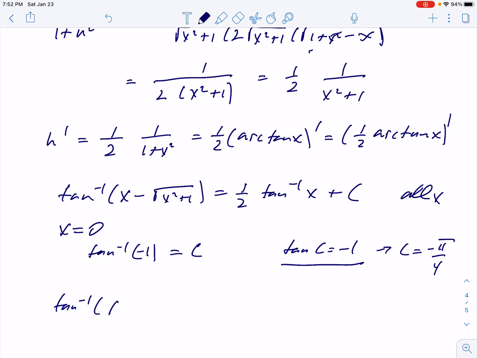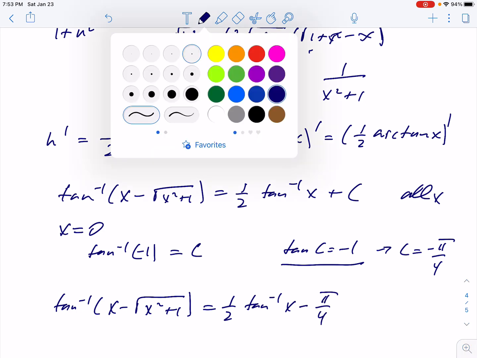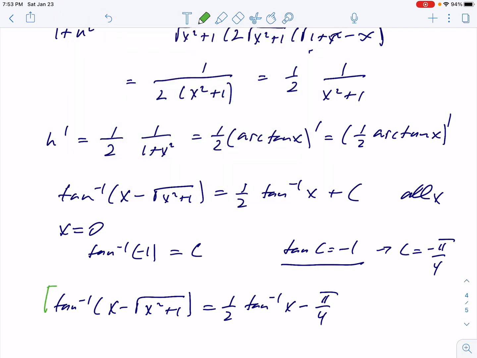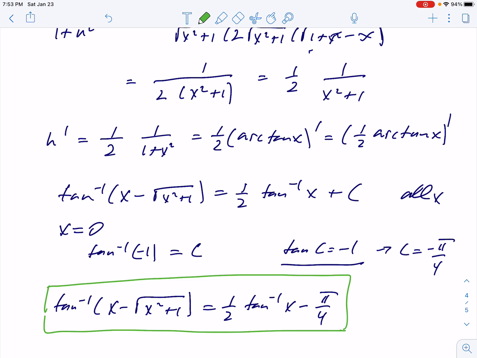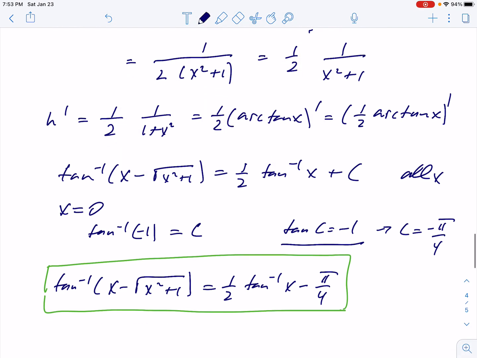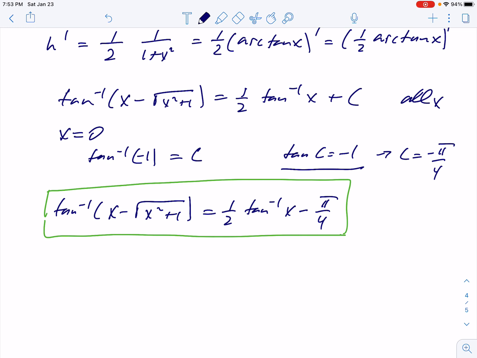Inverse tangent x minus root x squared plus 1 equals 1/2 inverse tangent x minus π/4. Green box again. And this is true for all x. So these derivatives are in the book for purpose, to teach such identities.